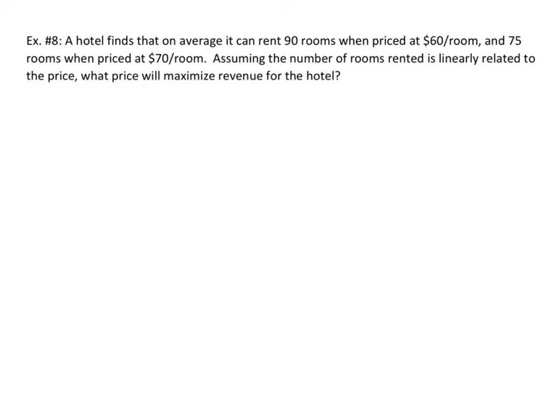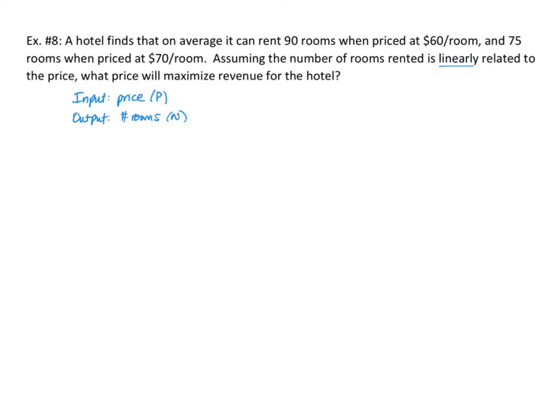So if we think about our input being the price, we'll call that P, and our output being the number of rooms, we'll call that N. So we're told that this is a linear relationship between number of rooms and the price.